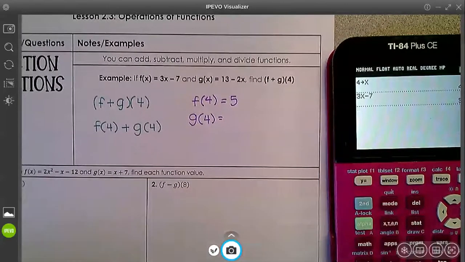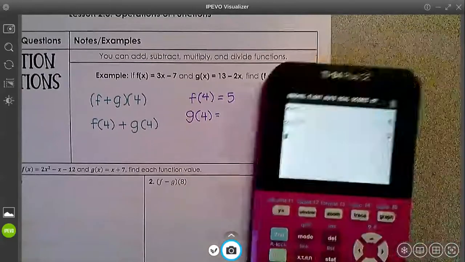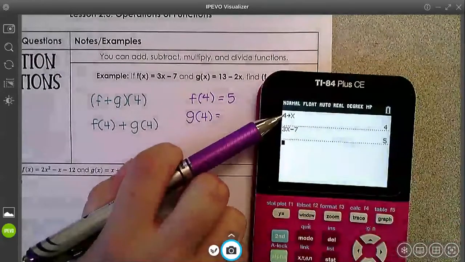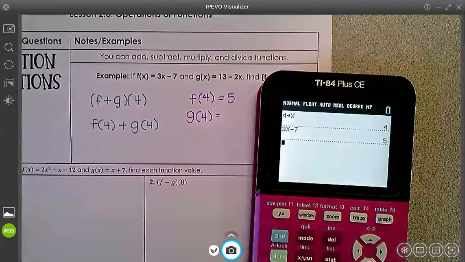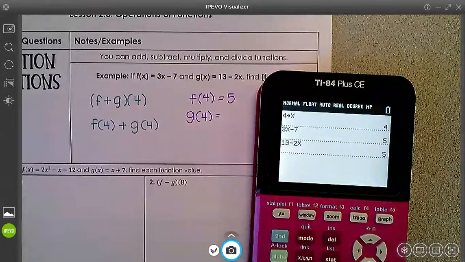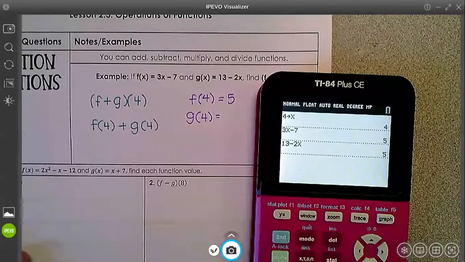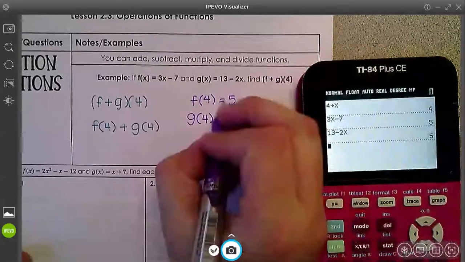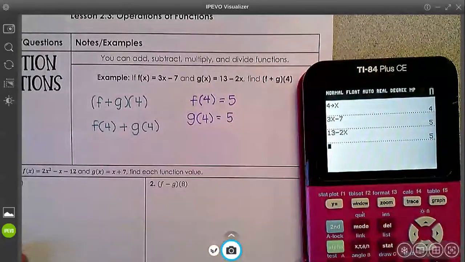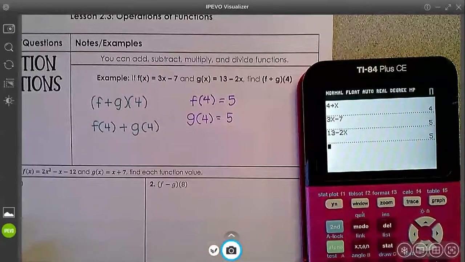Our calculator still thinks that x is 4, so we don't have to use the store button again. We'll just type in 13 minus 2x, and we actually get 5 again. That's just a coincidence. It doesn't always happen like that.